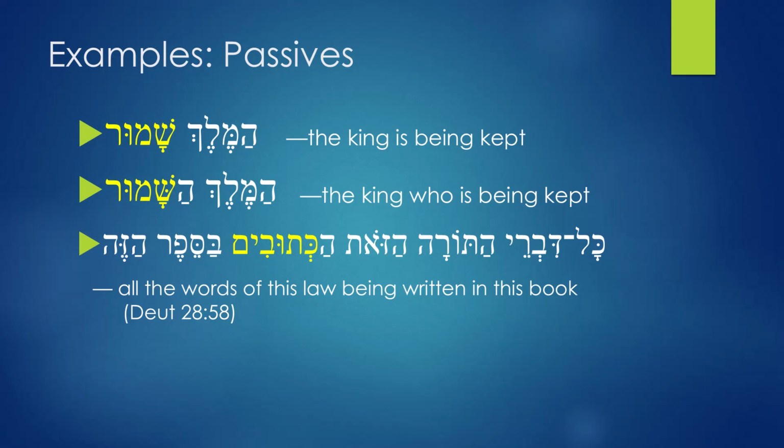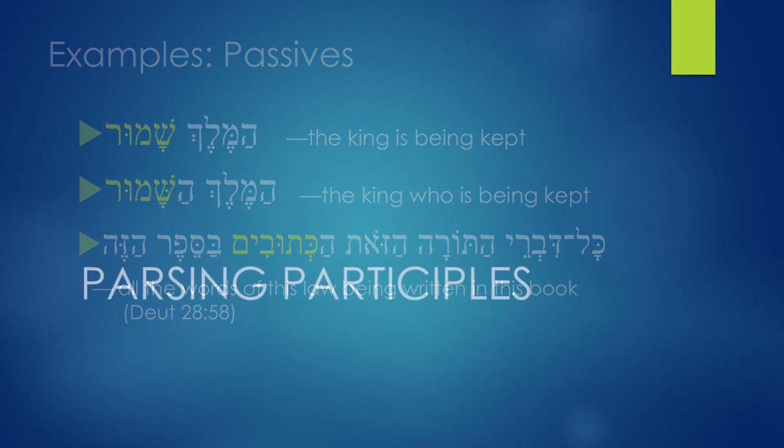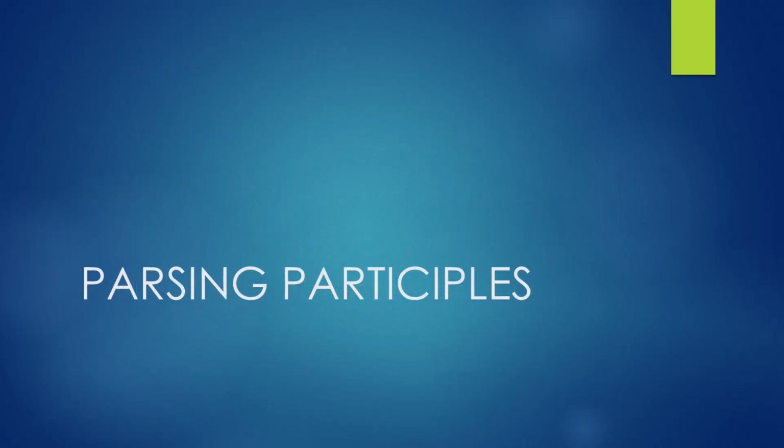Basefer, you have the preposition be, and it swallowed up the definite article, so you have in the book. Hazeh means this. So you have in this book, being written in this book. So together it becomes all the words of the law being written in this book. That's the translation there.